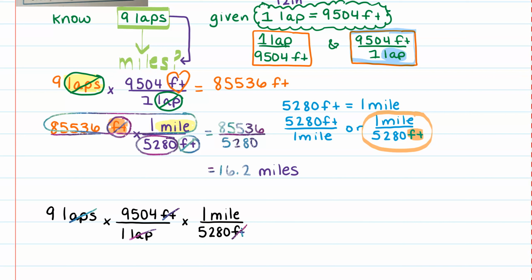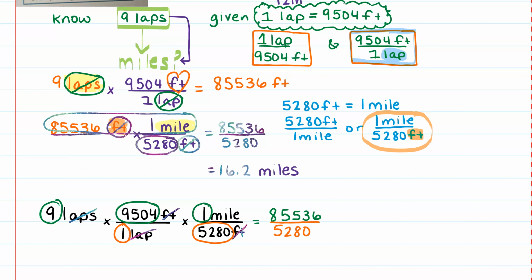So the math that I'm doing is 9 times 9,504 times 1, which will give you 85,536. And then the math I do on bottom is 1 times 5,280, which gives you 5,280.